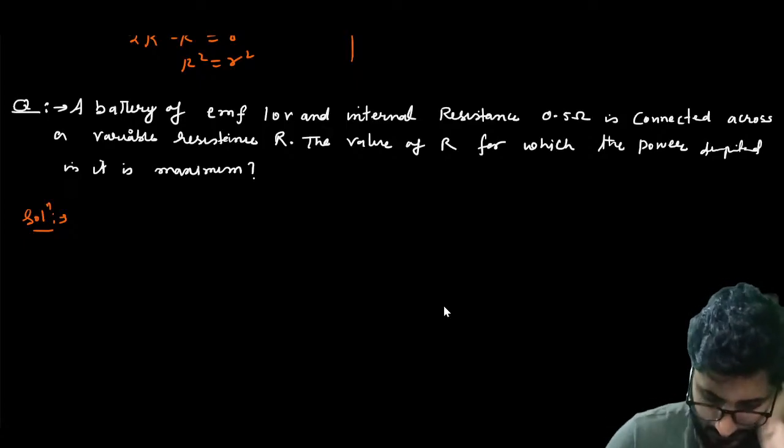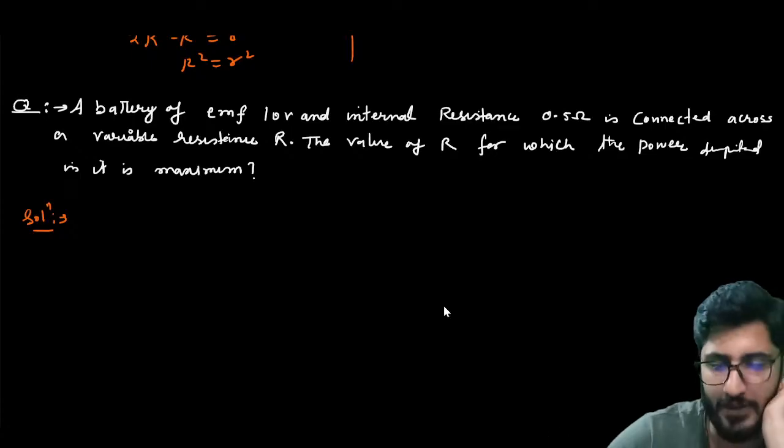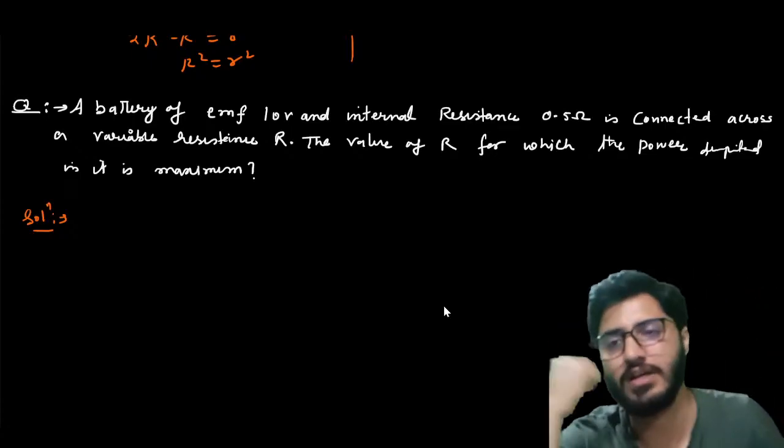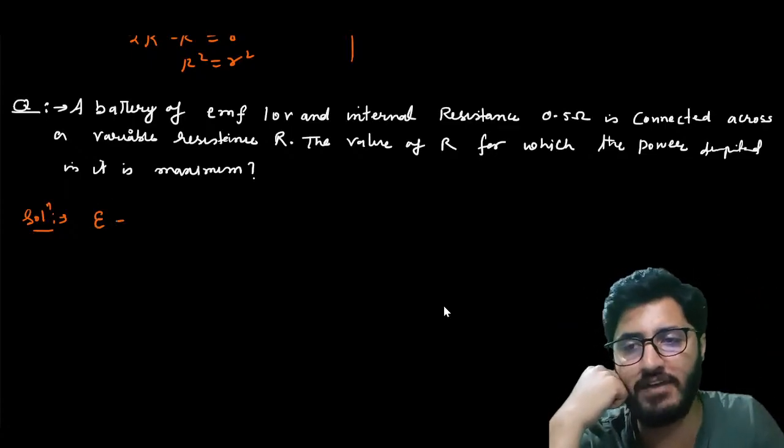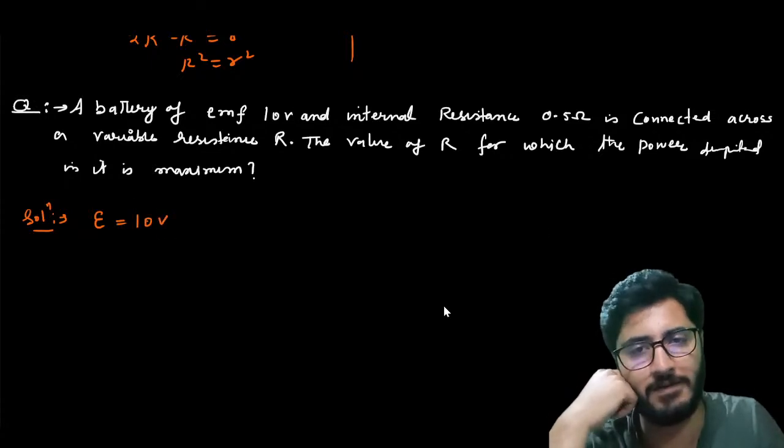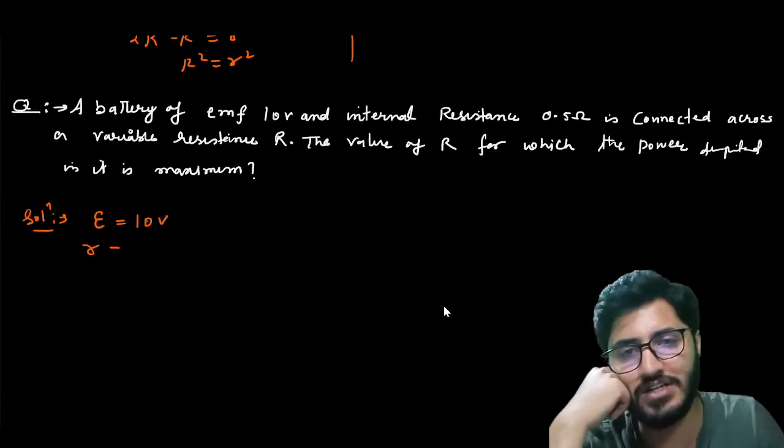Very easy, no? Extremely easy. Look. We have a battery, and the battery has EMF E, which is 10 volt, and the internal resistance is 0.5 ohm only.